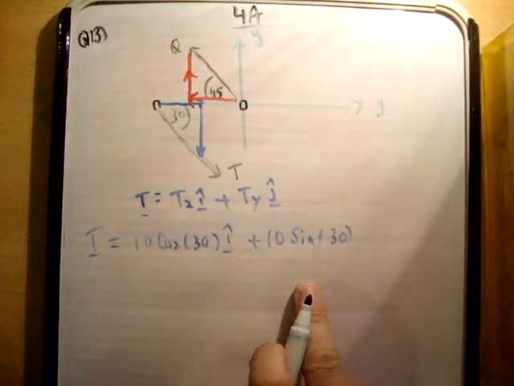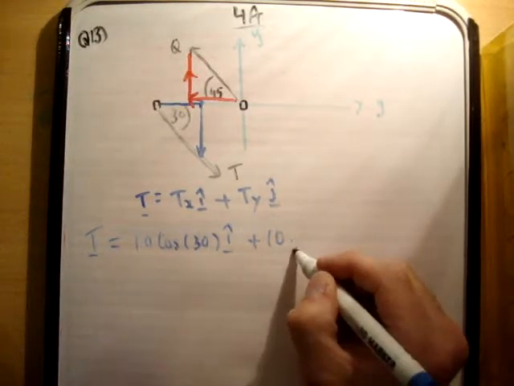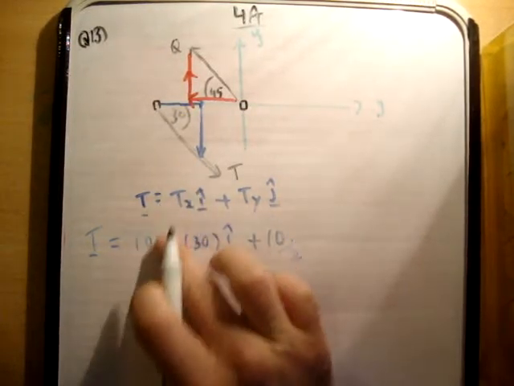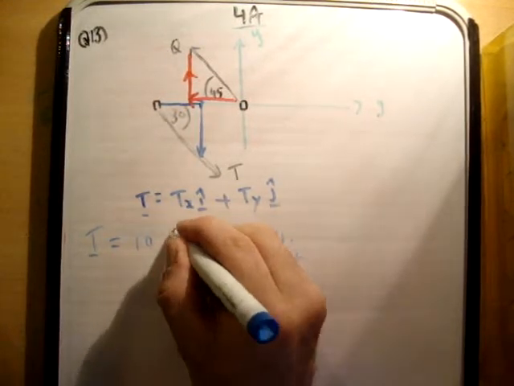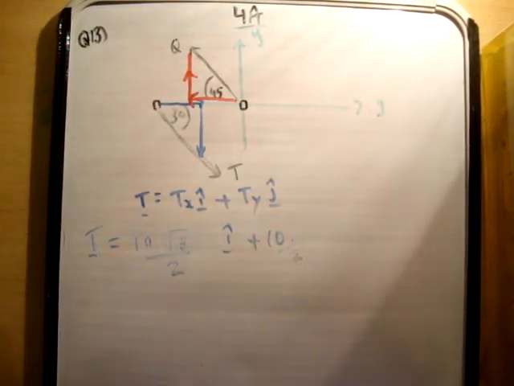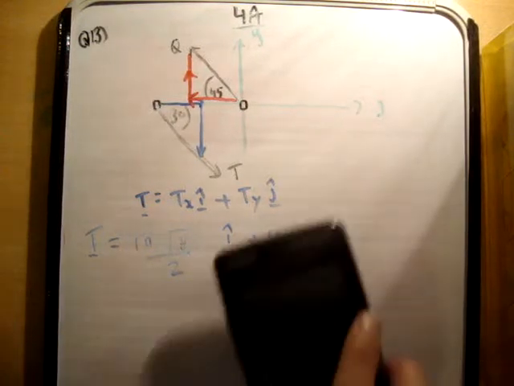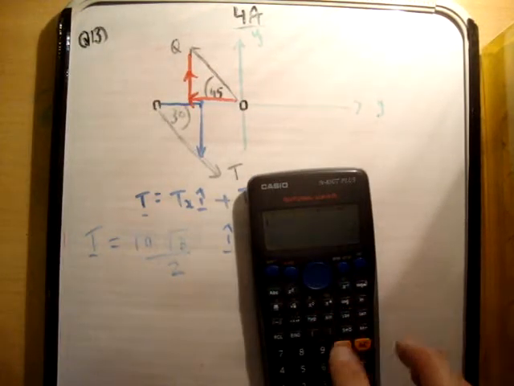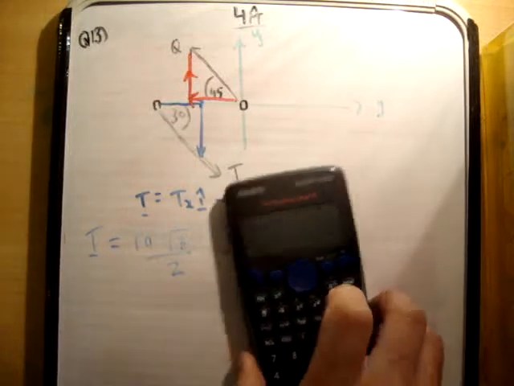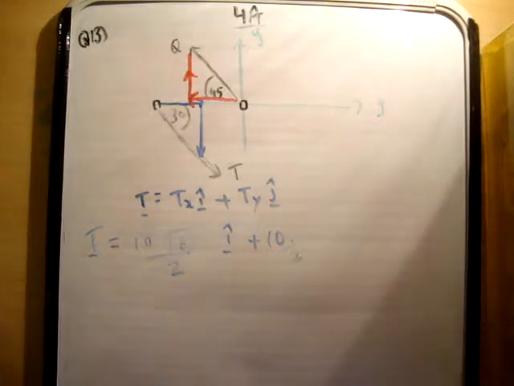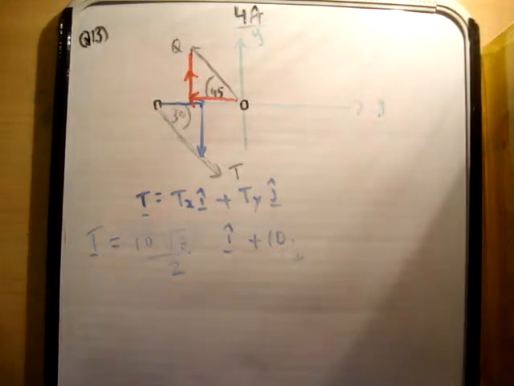Now sine of 30 is a half, and the cosine of 30 is root 3 over 2. So 10 cos 30, just let me check that here. The cos of 30, yes, it is root 3 over 2. So you're going to get 5 root 3 i hat plus 5.